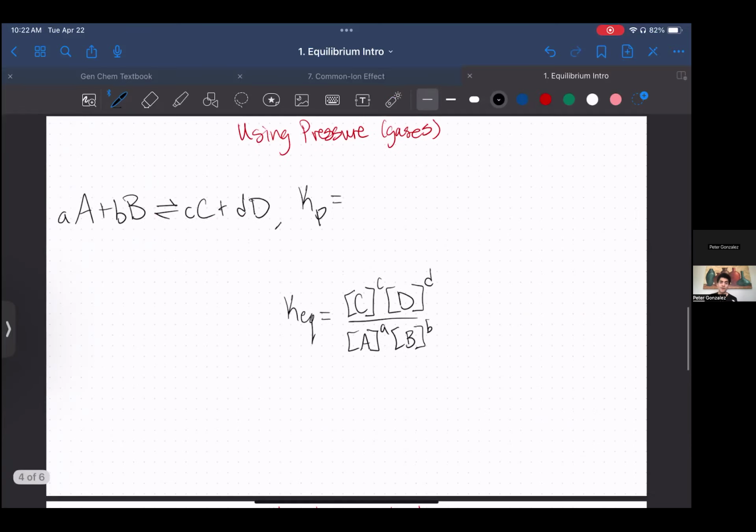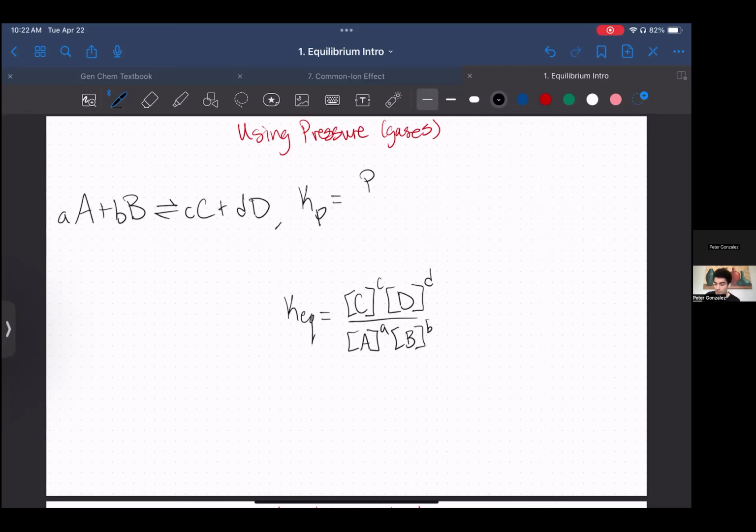So if you ever had to use pressure, for example, it's really the exact same thing, just with pressure. Similar to what we did with the equilibrium constant for the concentrations of aqueous things, for a gas you want to say the partial pressure of your products taken to the power of their coefficients.